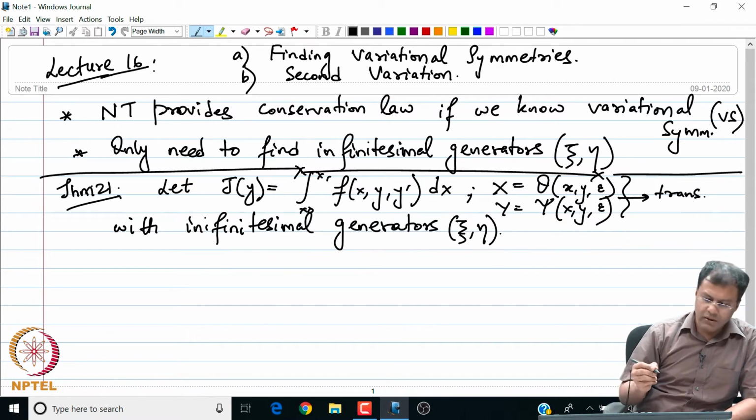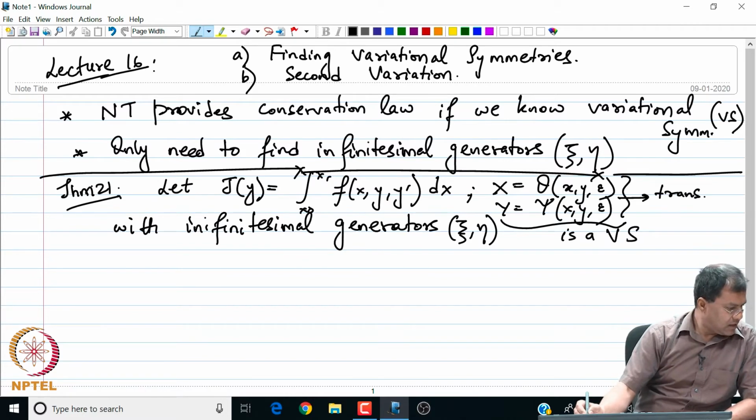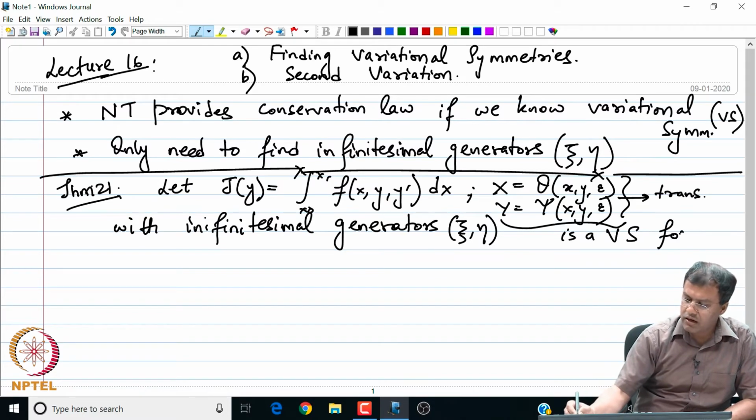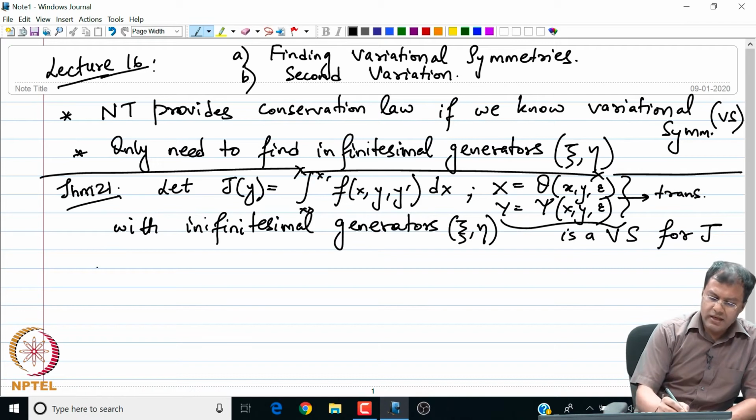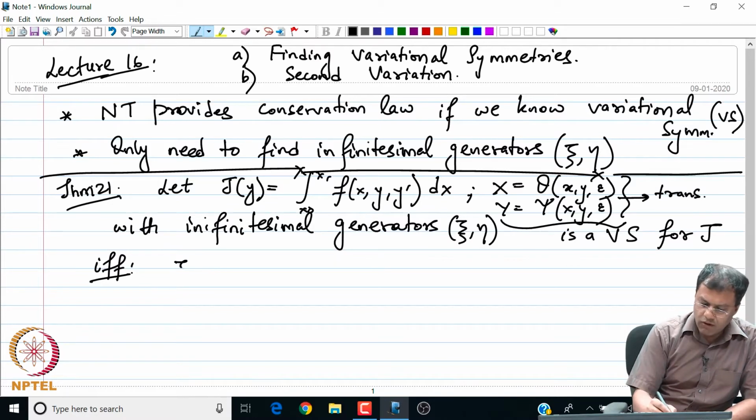We say that this transformation is a variational symmetry for J if and only if, so this is a necessary and sufficient condition, this following differential equation is satisfied.